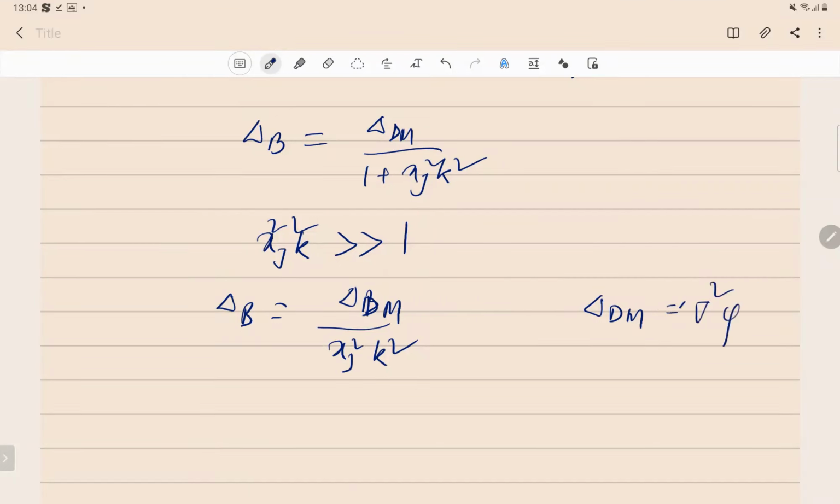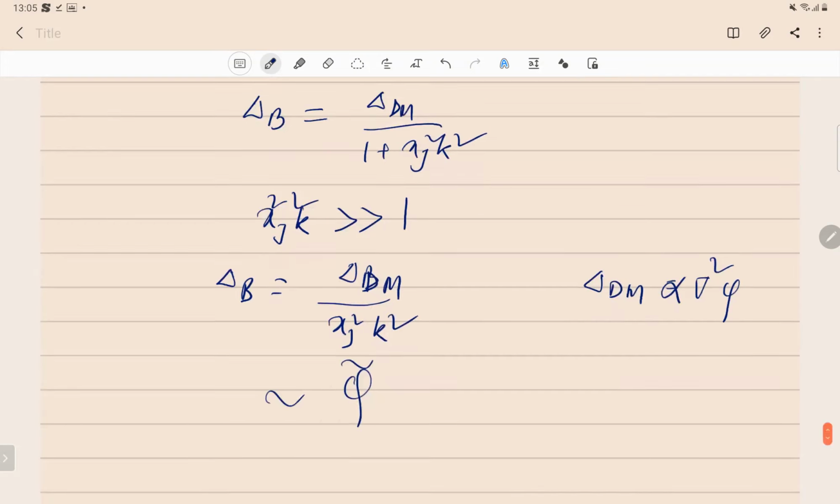I'm writing just to see what kind of scalings we have. This is proportional to del square phi. So in Fourier space, this is k square, so 1 by k square. So this basically means this delta m by k square, dark matter by k square. This is basically phi tilde, so basically a minus phi tilde.